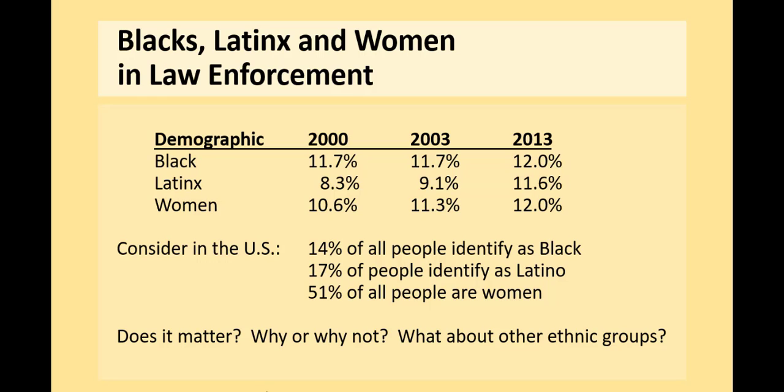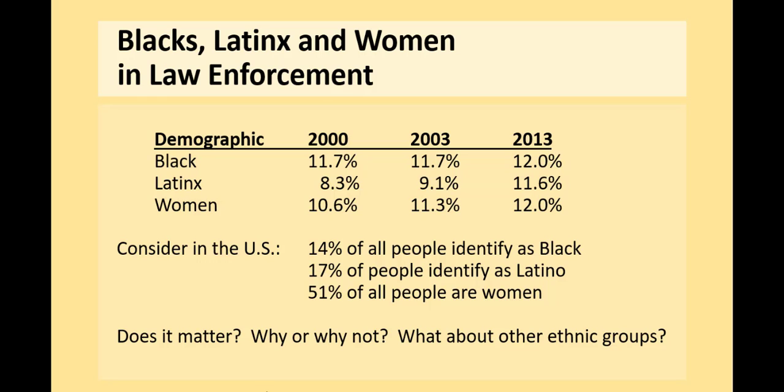But about 17% of all people in the country identify as Latino in some form, and yet they are very poorly represented. So only 11% of all law enforcement officers about 10 years ago identified as Latin. So many more Latin people than we have Latin police officers.